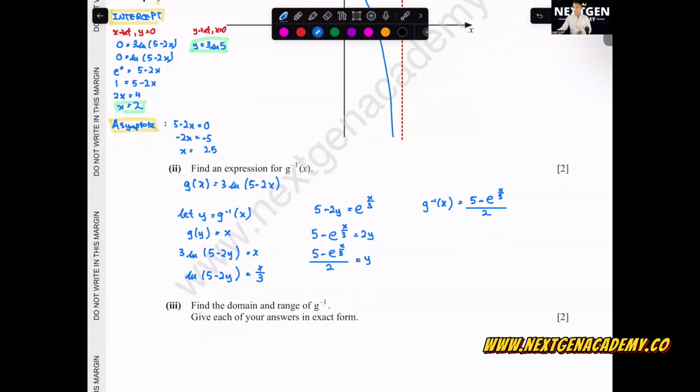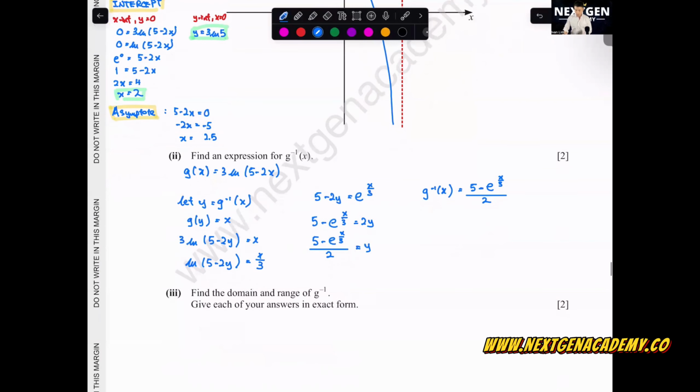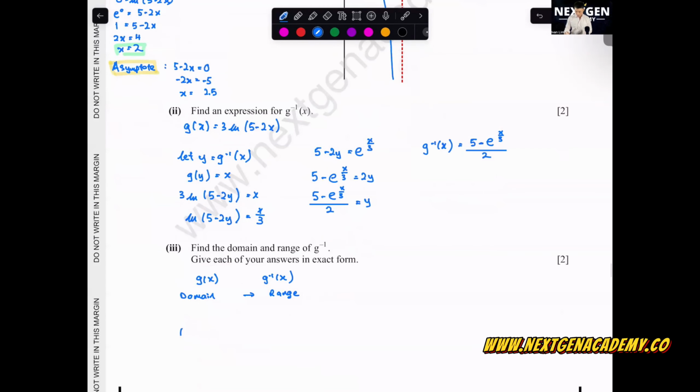The last one, find the domain and range of G inverse. For G inverse, we relate the domain and range back to G(x). The domain of G becomes the range of G inverse, and the range of G becomes the domain. Let's see from the question, what is the domain of G(x)?